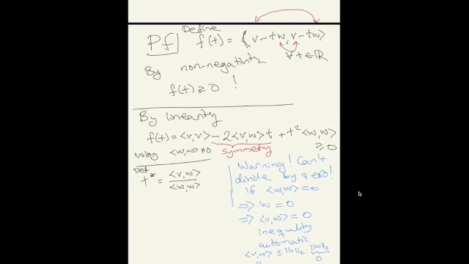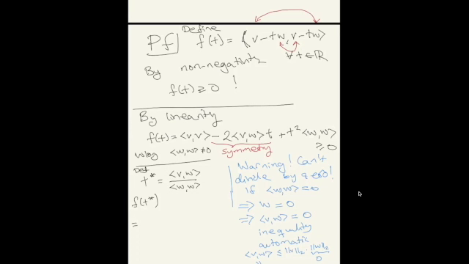This t star, I'll say soon something about where it comes from. But if we plug in t star into f and we simplify, you'll get different denominators for the middle term and the right-hand term.